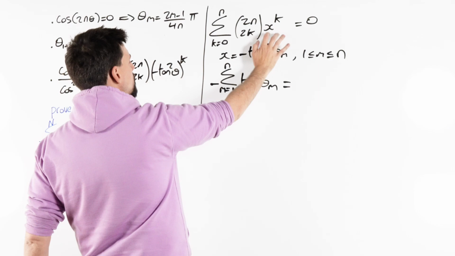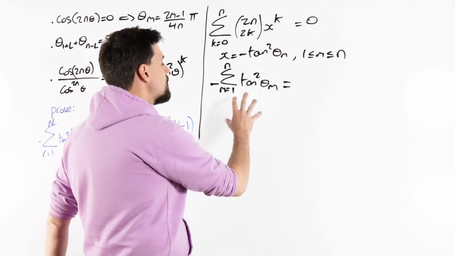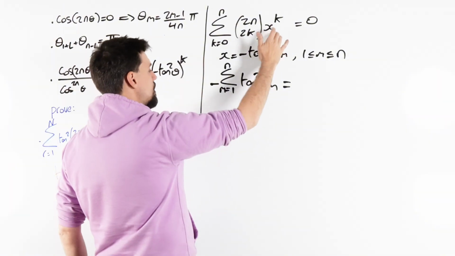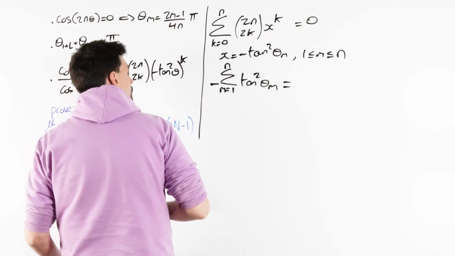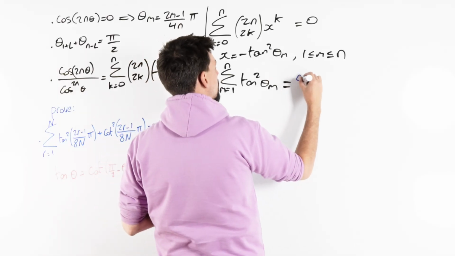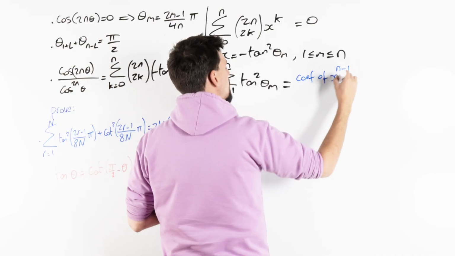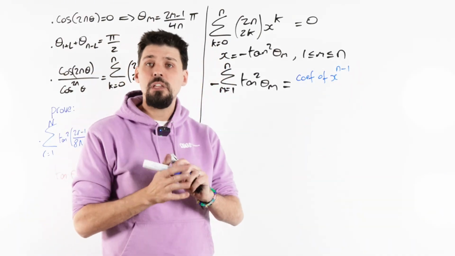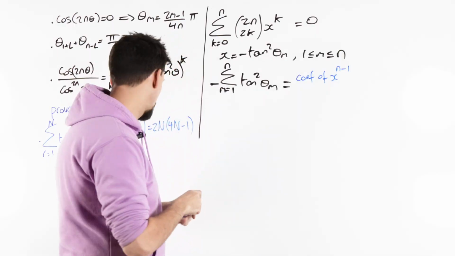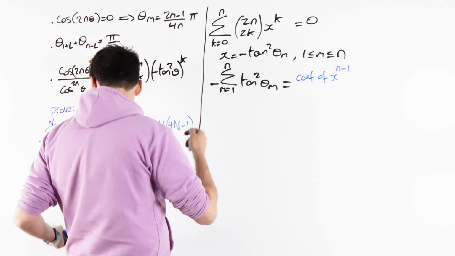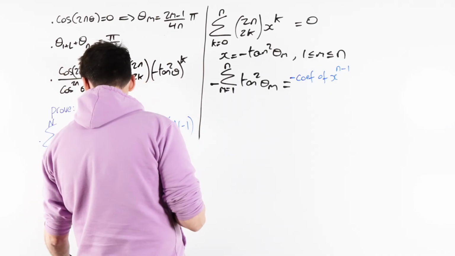For this polynomial, what do the sum of the roots come in as? The sum of the roots is given by the coefficient of x to the n minus 1. In a cubic, the sum of the roots is the coefficient of x squared. In a quartic, x cubed, etc. In fact, it's minus the coefficient of x to the n minus 1.